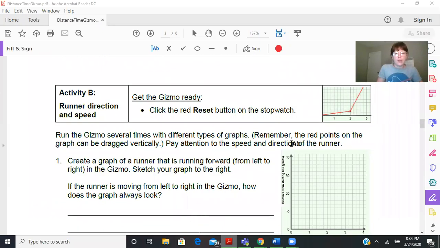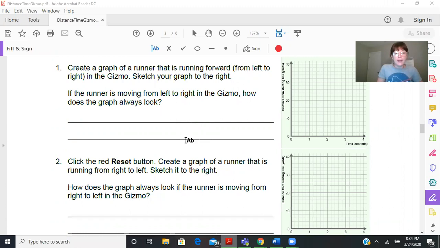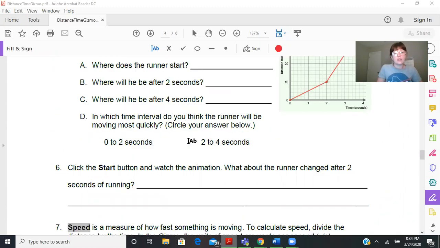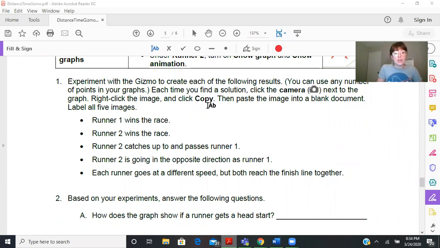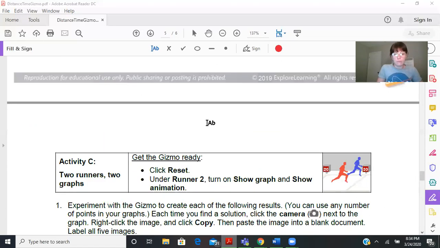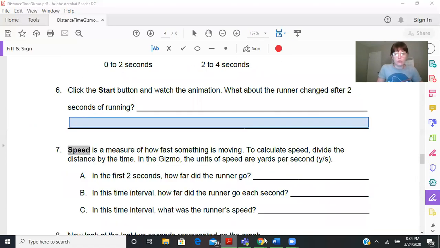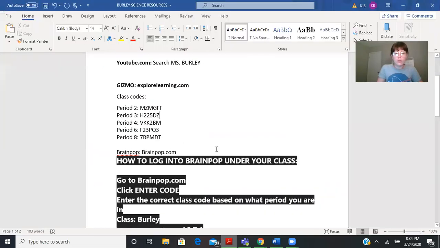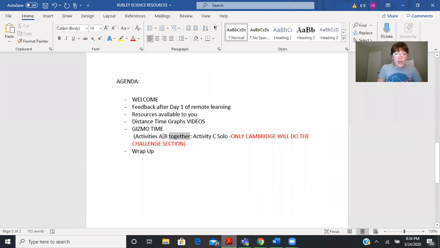So let's do this. Let's have you do activities B and C together. No, actually, let's have you do this. Let's edit our directions. So you're going to do activity A together with me, activity B solo, and then only Cambridge will do section C and the challenge section.